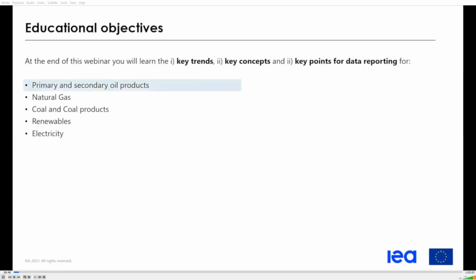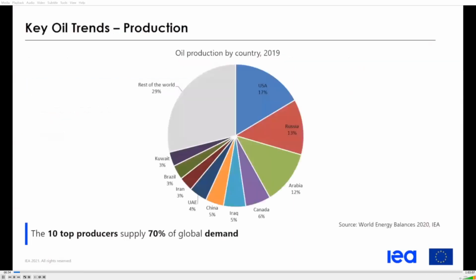So let's start by discussing some primary and secondary oil products energy statistics. So first of all, let's have a look at the crude oil production by countries. And this production is dominated by 10 major producers who represent more than 70% of the global production.